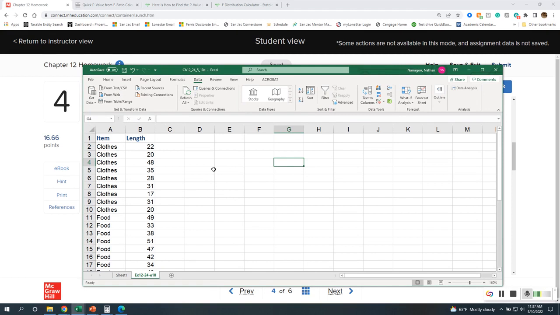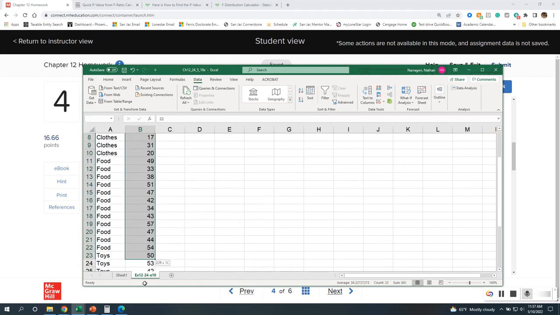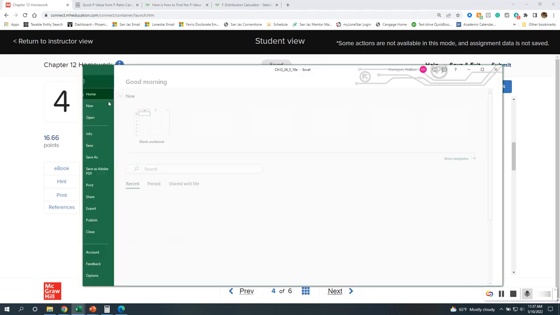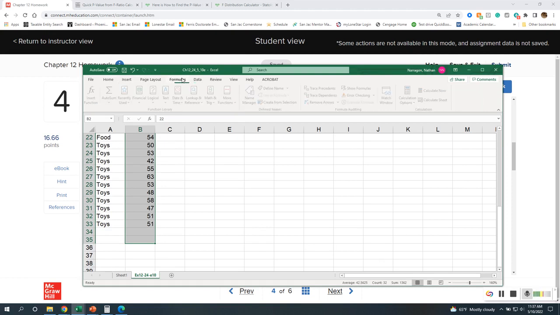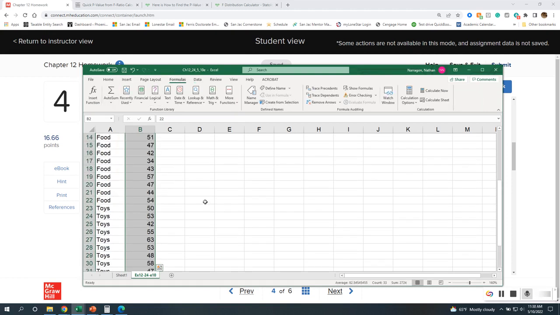we're going to expand. And we need to find the grand mean. So the grand mean in itself, we need to take the sum. Formulas, AutoSum.